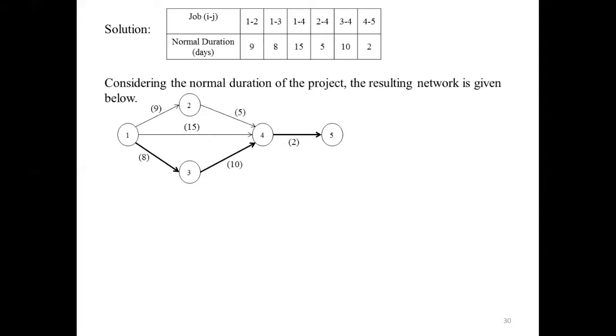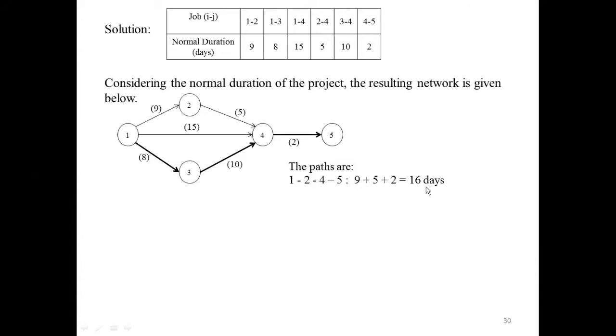After drawing the network diagram, we have to find the various paths. In this network drawing, there are three paths. The first path is 1 to 2, 2 to 4, and 4 to 5. Considering the normal durations, we get 9 plus 5 plus 2, which is 16 days.